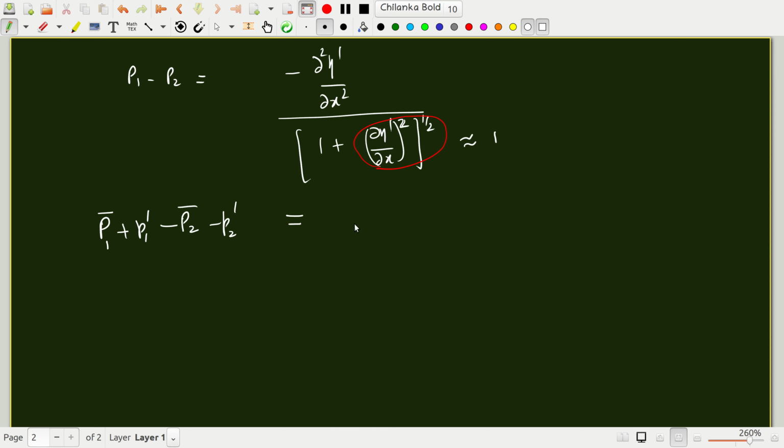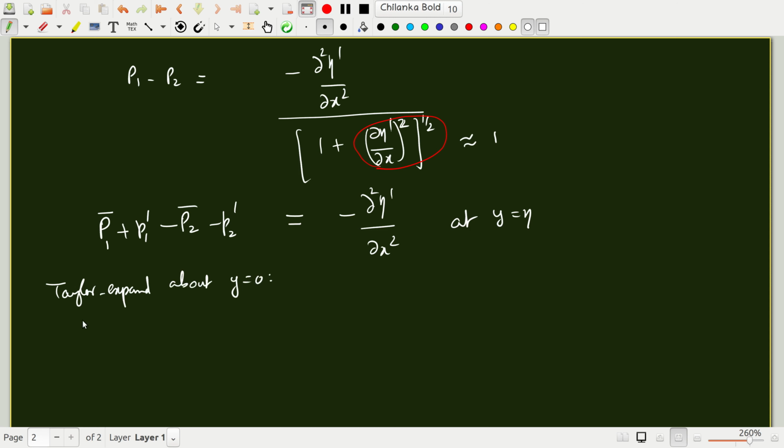So what you will get is minus partial squared eta prime by partial x squared. Now this has to be evaluated at y is equal to eta, so I have to Taylor expand about y equal to 0.